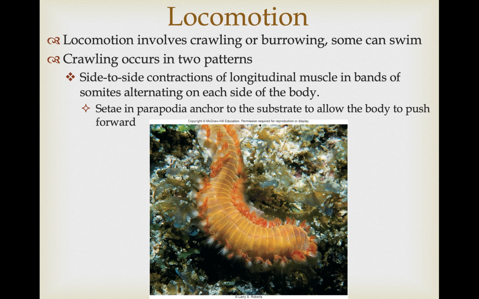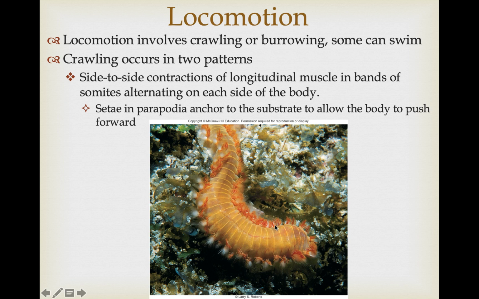Locomotion involves crawling or burrowing, and some can even swim, so a diversity of locomotion movements. Crawling itself can be accomplished in two basic patterns. So one is basically a side-to-side contraction, one side at a time, of the longitudinal muscles. So for example, in this situation, the longitudinal muscles contract in this area.